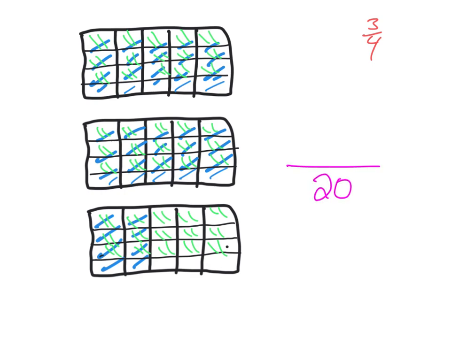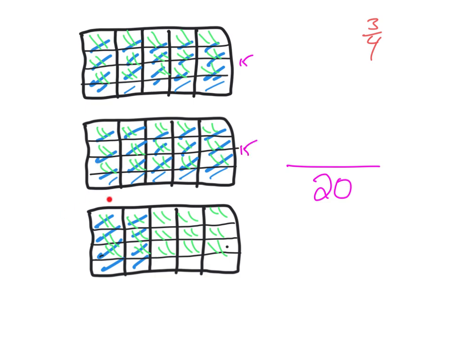And how many of them have both types of shading? We have a row of 5 here, a row of 5 here, a row of 5 here, but not the bottom ones. So we have 15 here in this first whole that have both types of shading. And if we look here, 1, 2, 3, 4, 5, another 5, so that's 10, another 5, so that's 15.